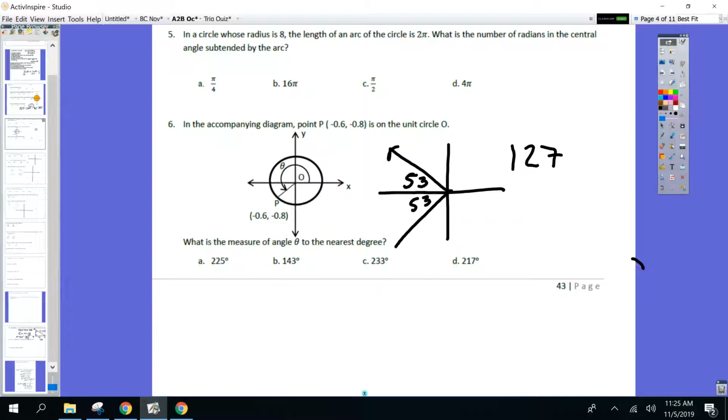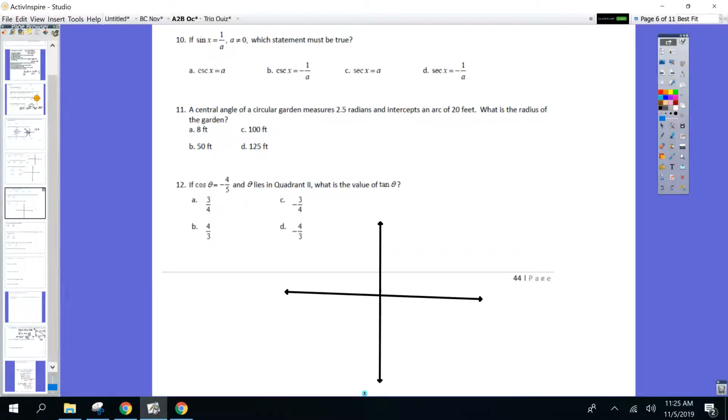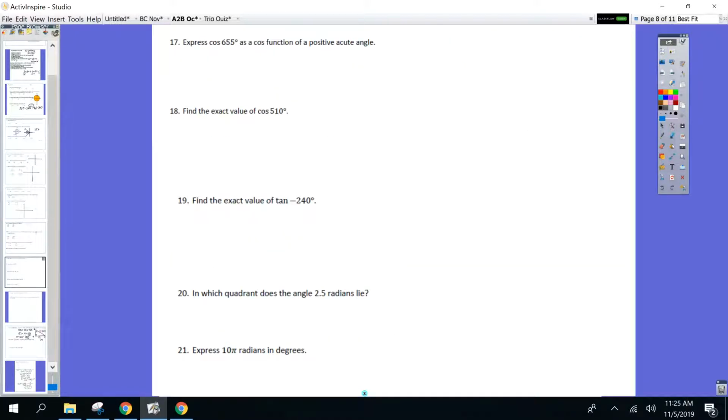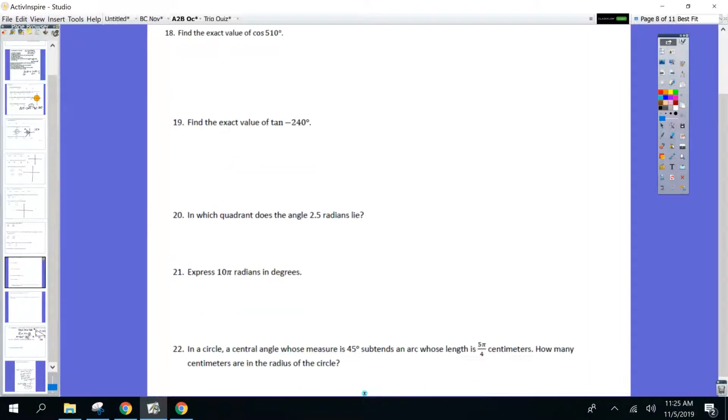Question 20: in which quadrant is 2.5 radians? Suggestions?